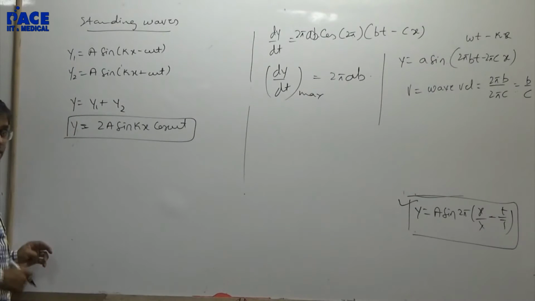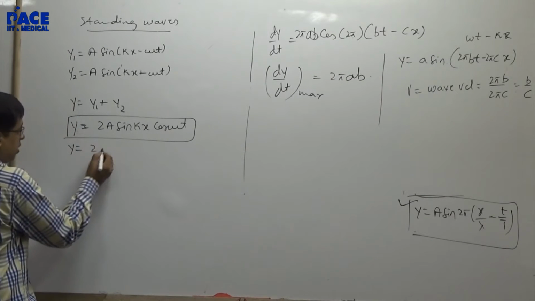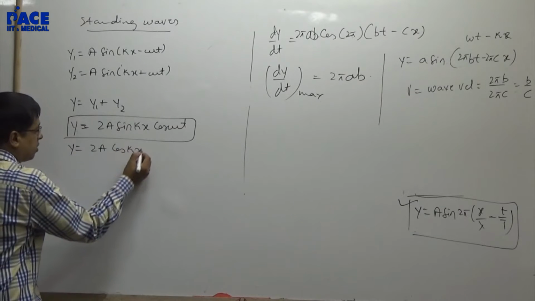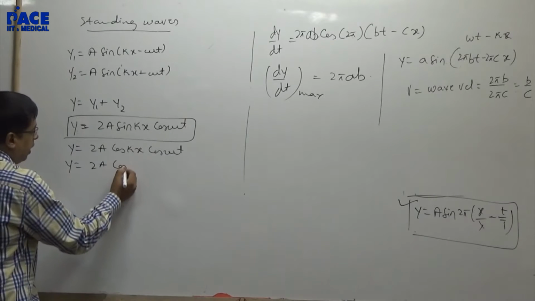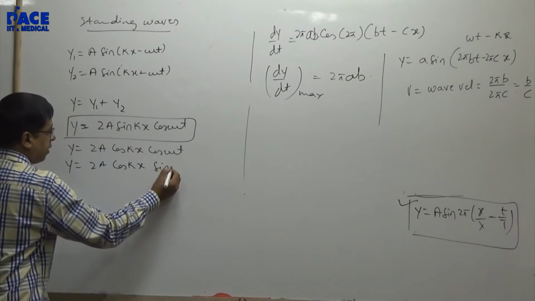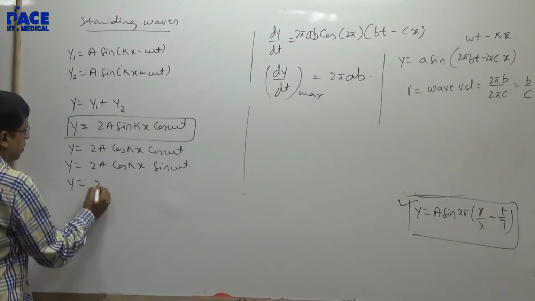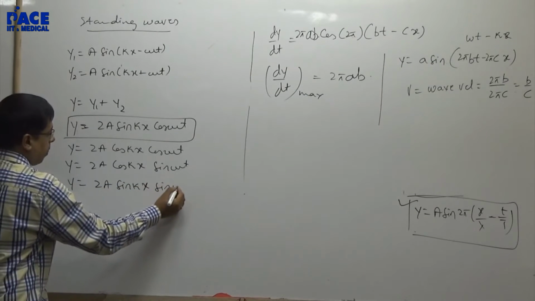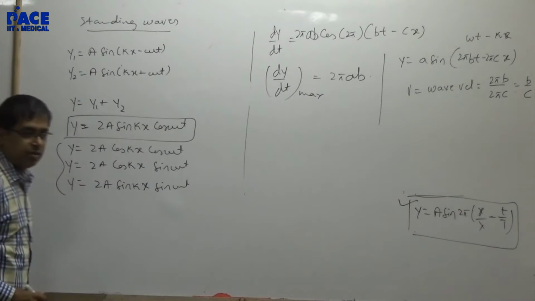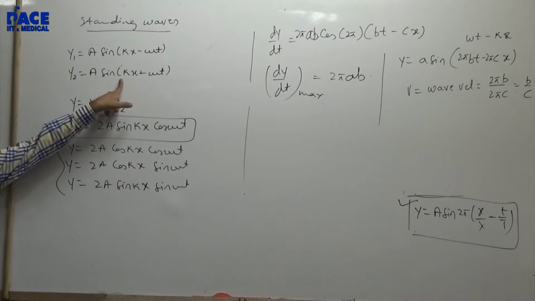Can I have another general equation also? Yes. Y is equal to 2a cos kx cos omega t. Y is equal to 2a cos kx sin omega t. Y is equal to 2a sin kx sin omega t. All of them are standing waves. Just change these two.